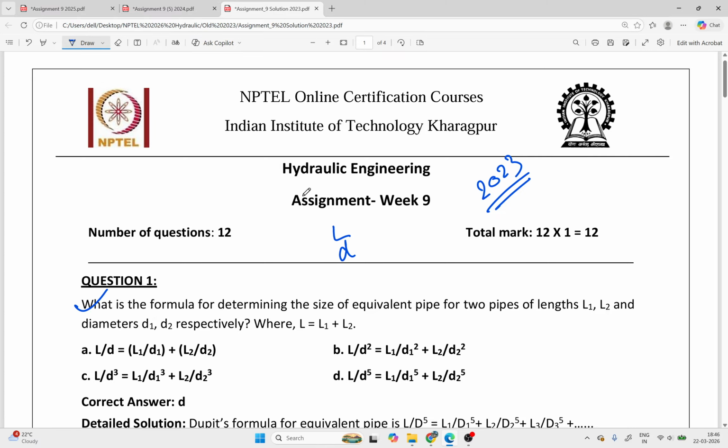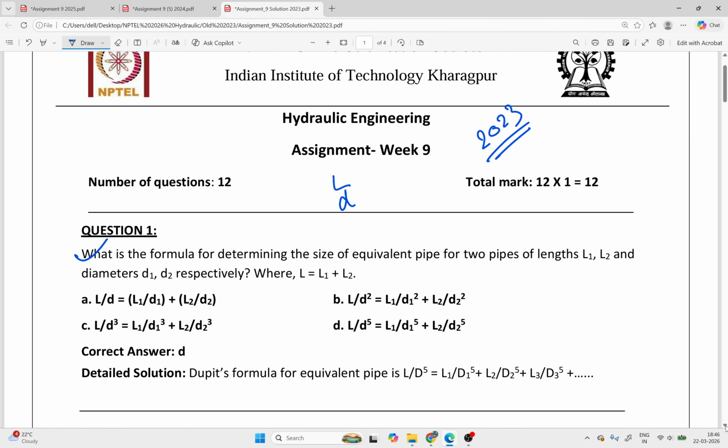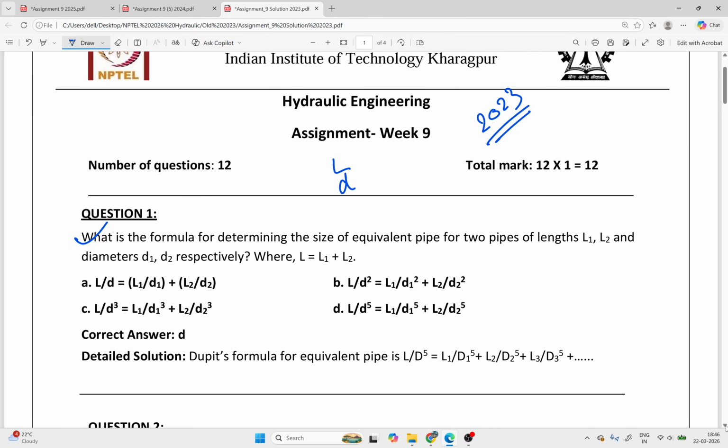How? Let me just show you the solution part. So this is the relation here. Dupuit's formula for equivalent pipe is L by d to the power 5 is equal to L1 by d1 to the power 5 and so on. This is nothing but your discharge: discharge is equal to Q1 plus Q2 plus Q3, like that.